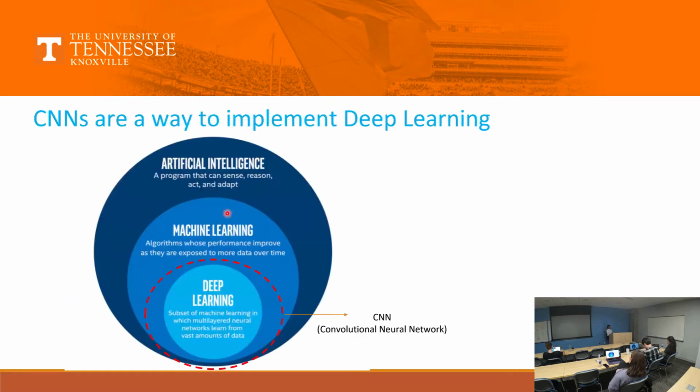Now, this is the entire overview of what we learned. This is how these fields are divided, from artificial intelligence, where it's an automatic program, to machine learning, where algorithms improve as they're exposed to more data over time. And then we are onto deep learning, where we have a lot of neurons, as I talked about in the previous slide.